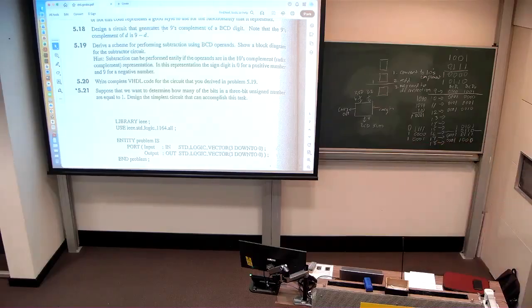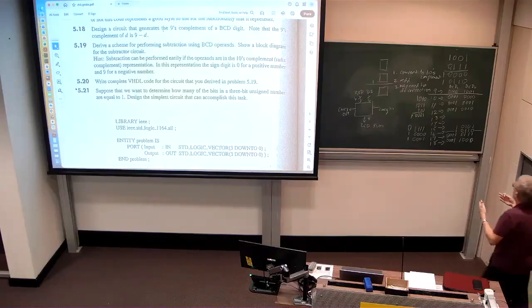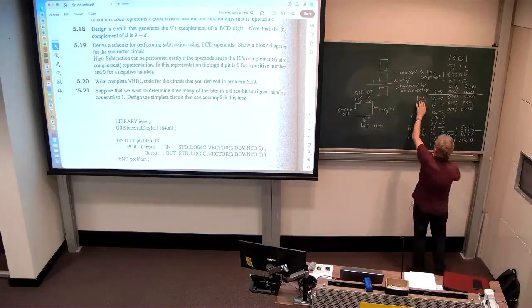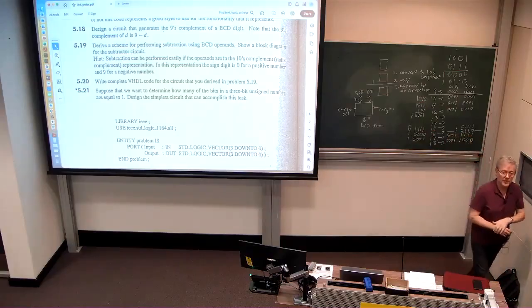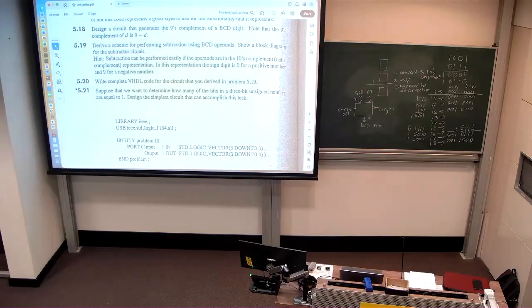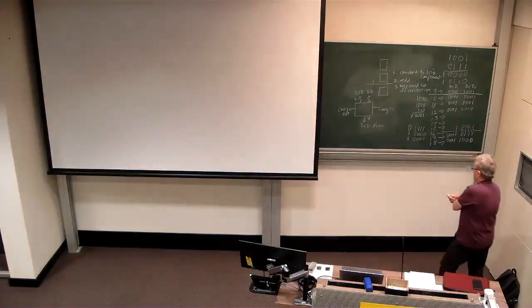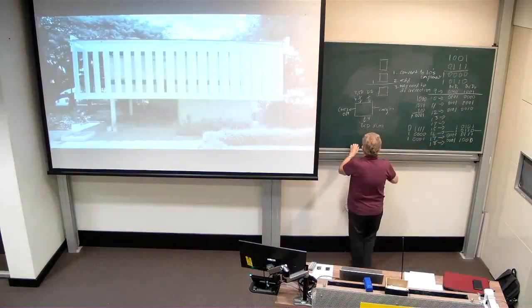So it seems like if we've got 10 or more as a result, then what we want to do is add 6 to it. So that's what the addition part is doing.